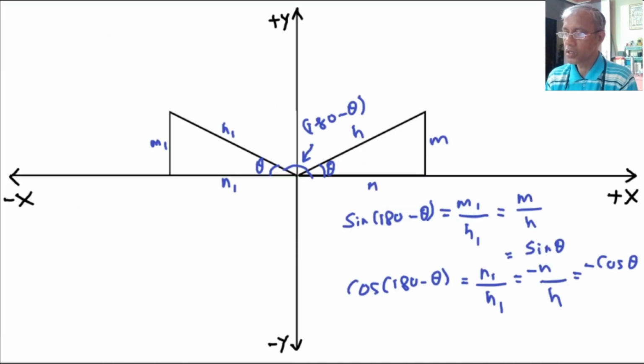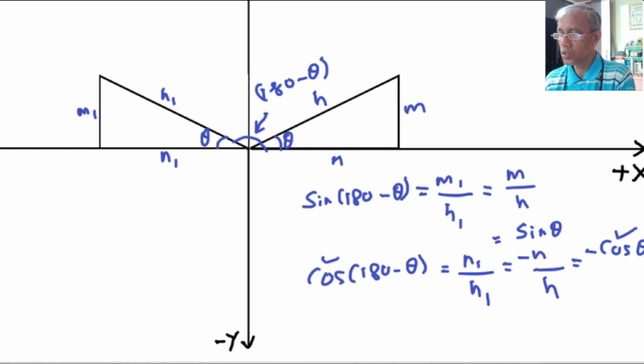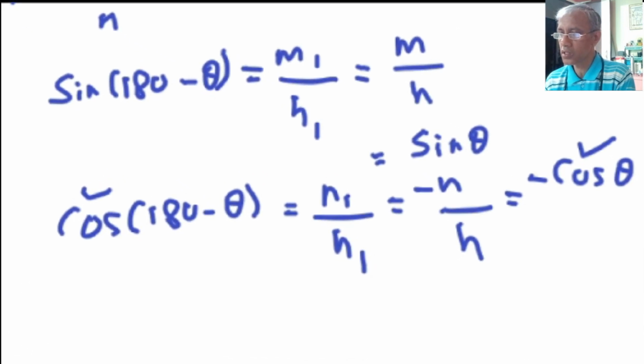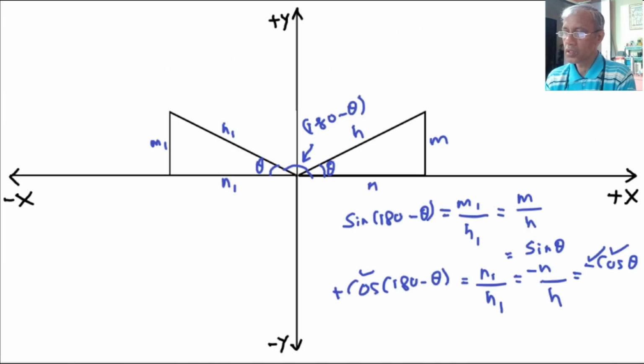So here what is seen is that the cos function is retained as the cos function itself, but the polarity gets changed over. Here it is positive, but in this case it is negative, just because the base in the new case is along the negative side of the x-axis.